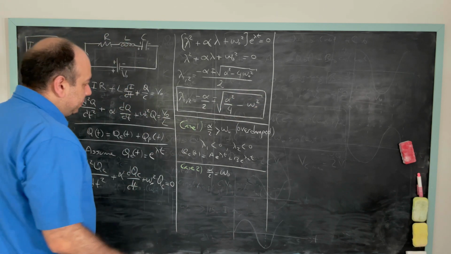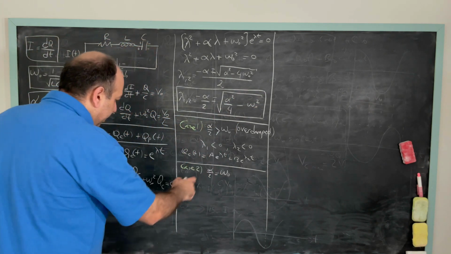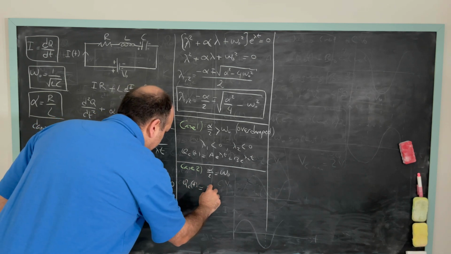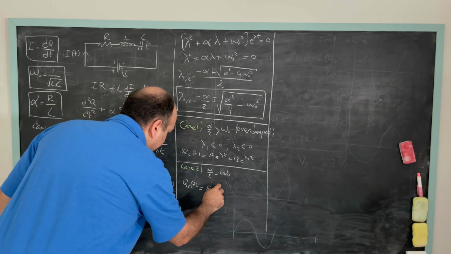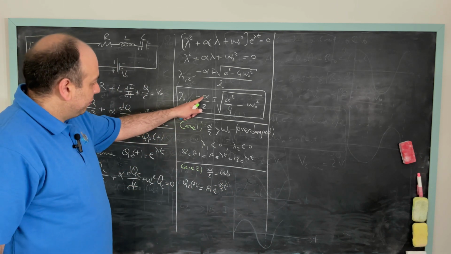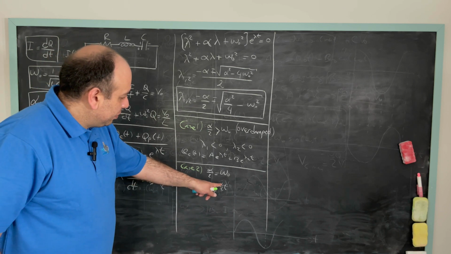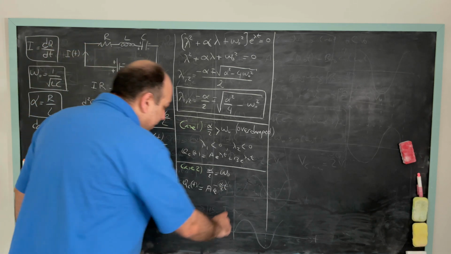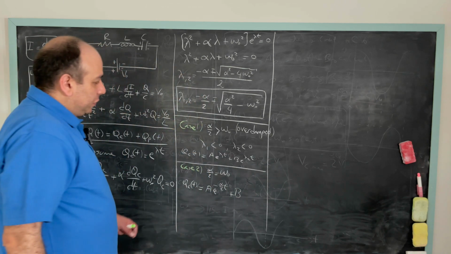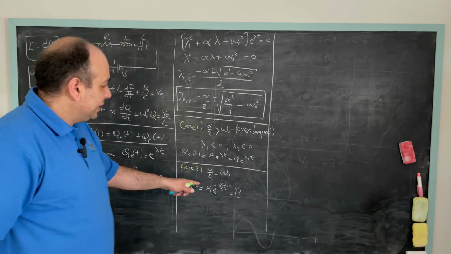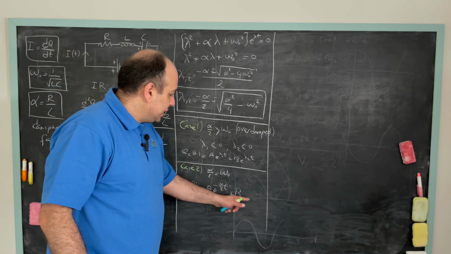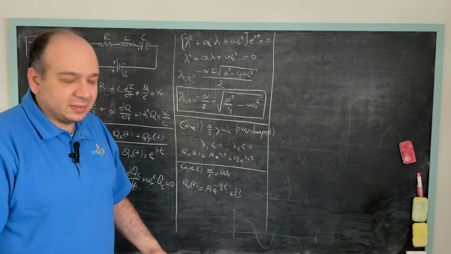So the complementary solution will take the form A times e to the minus alpha over 2t, plus B times... here I cannot have the same e to the minus alpha over 2t, because this would not be linearly independent.